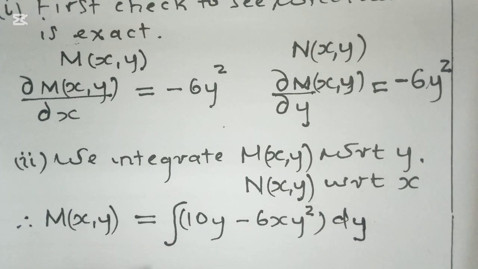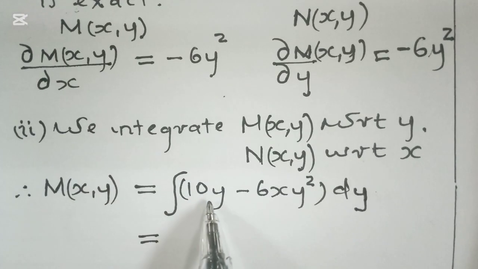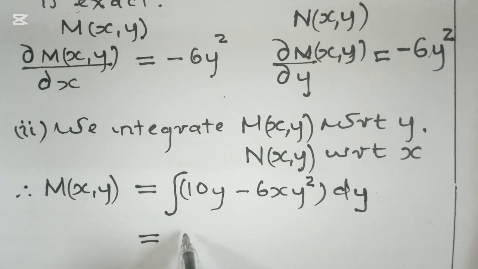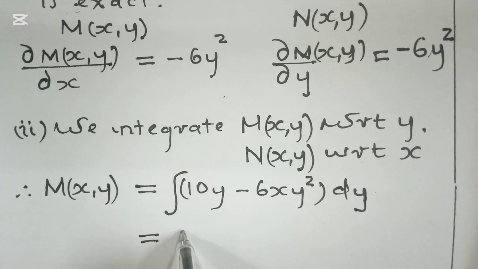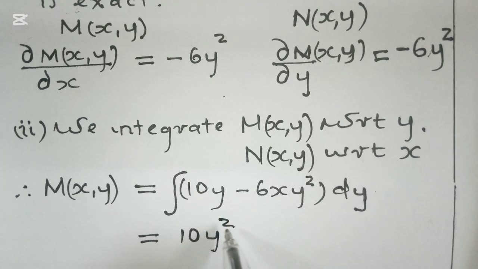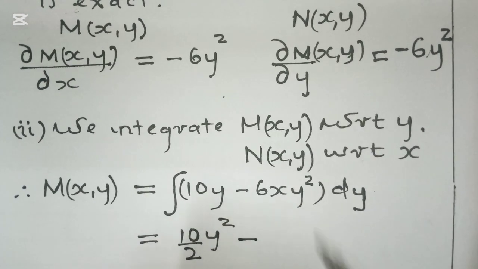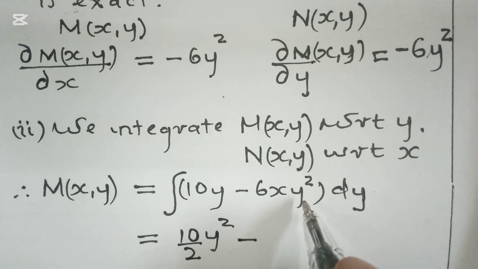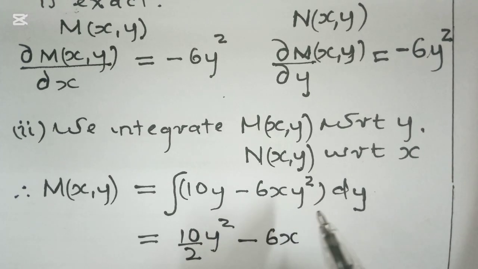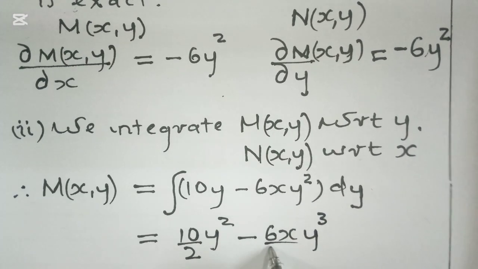So when we do that, guys, we are going to find 10y squared all over 2 minus 6x y cubed all over 3, like that.